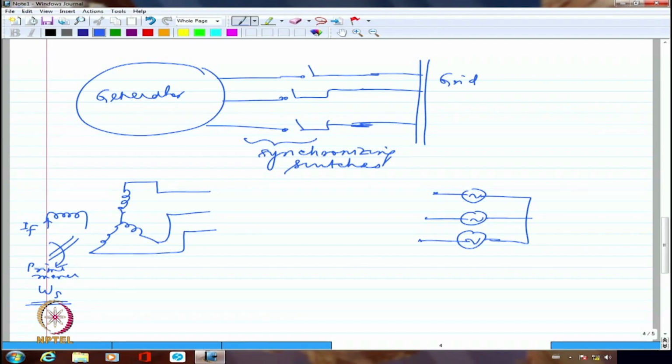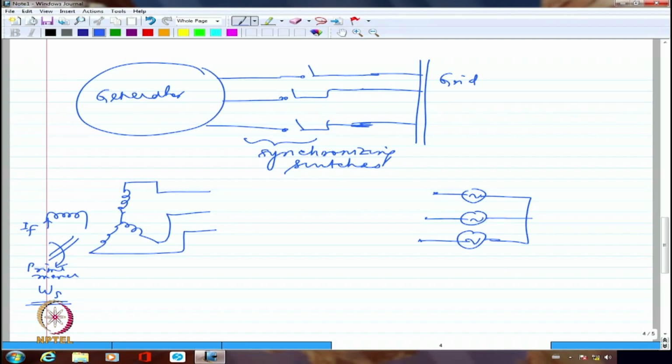Now I have to match the frequency exactly. Okay? I have to match the phase sequence as well. There is something called a phase sequence indicator. You can use a phase sequence indicator. If not, we can even look at it manually and we would be able to say whether the phase sequences are matching. How do we do it?